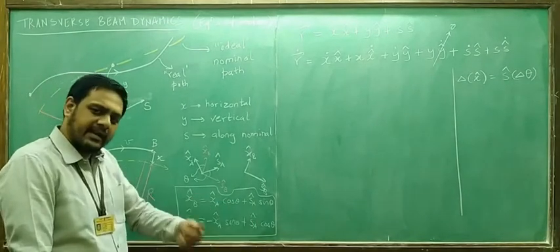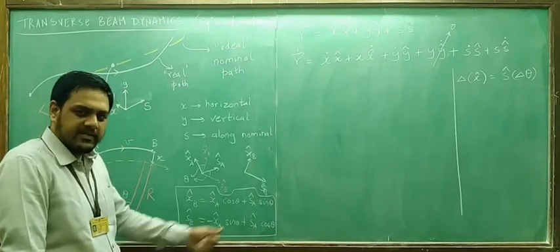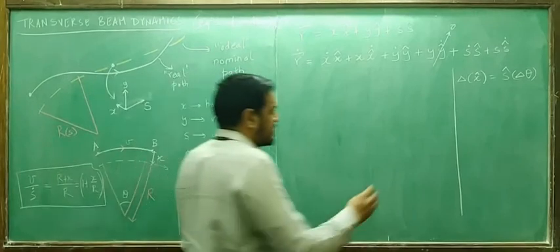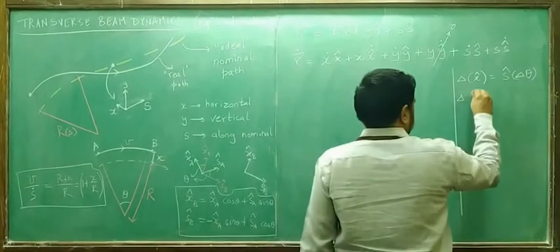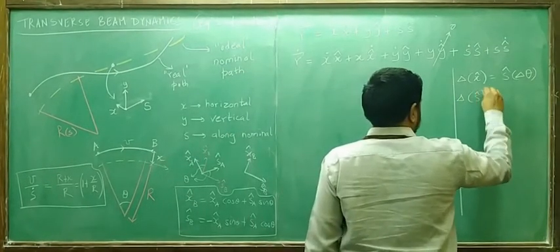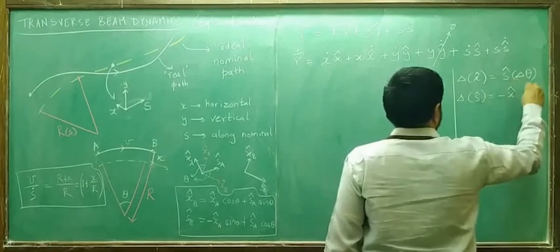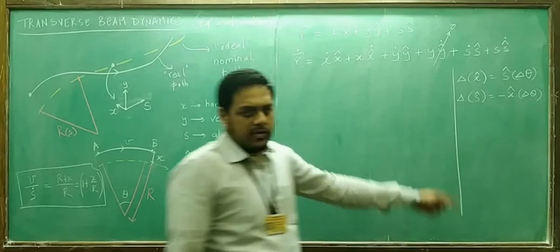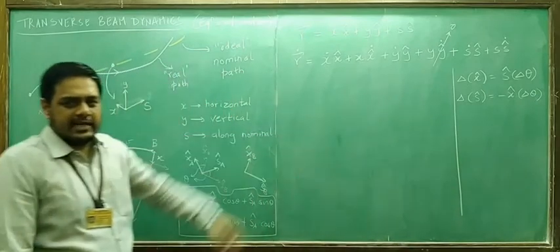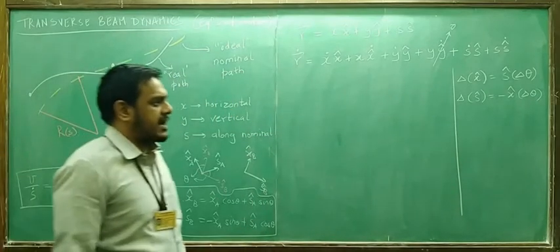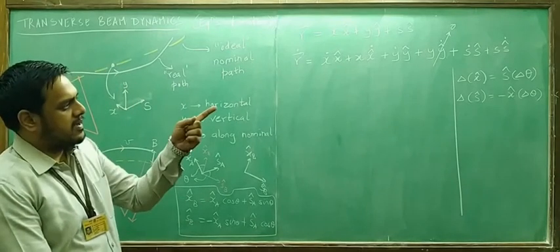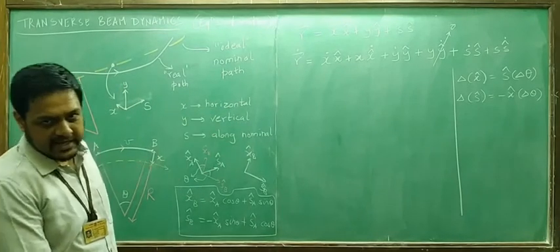Sine of delta theta will be delta theta itself. Cos of delta theta will be 1. And then it's just a rearrangement. And similarly, the small change in s hat will be minus x hat times delta theta. If you divide both sides by delta t, you will get x hat dot is equal to s hat into theta dot, and s hat dot is minus x hat into theta dot.